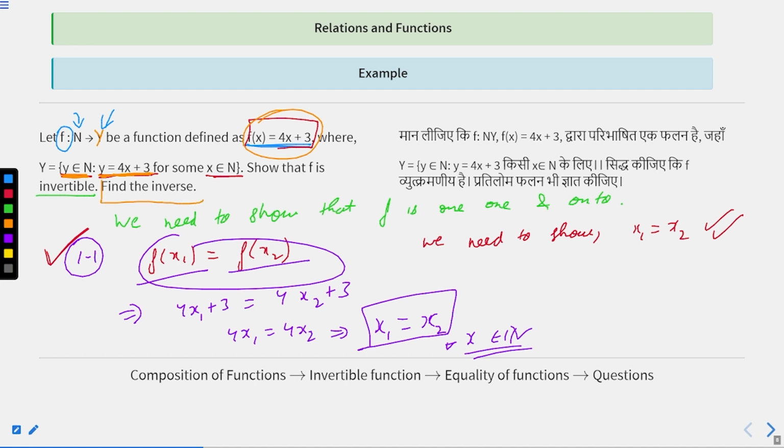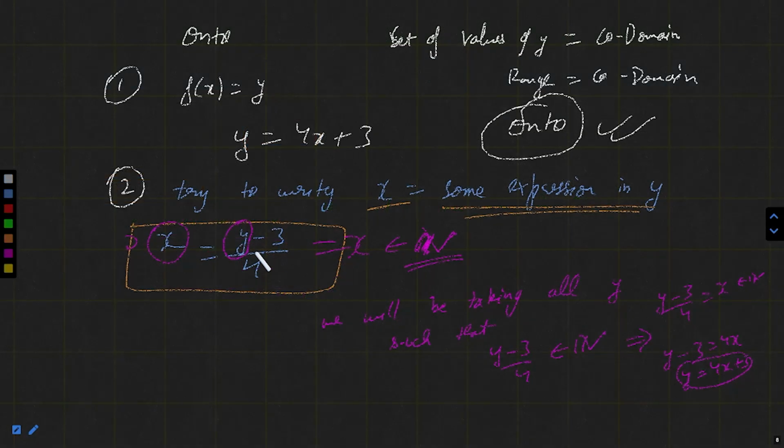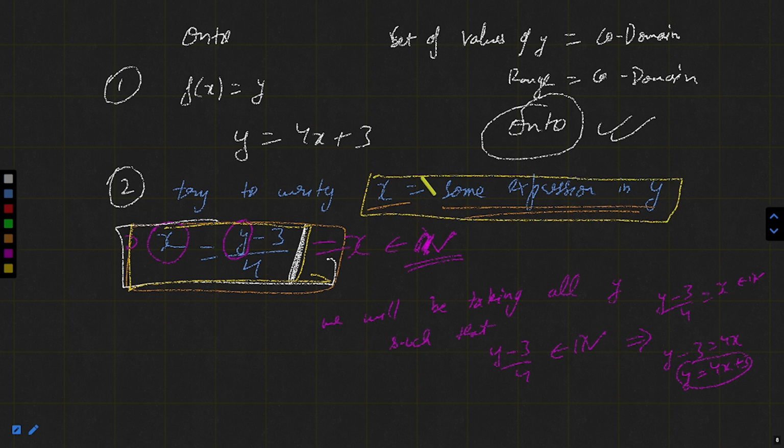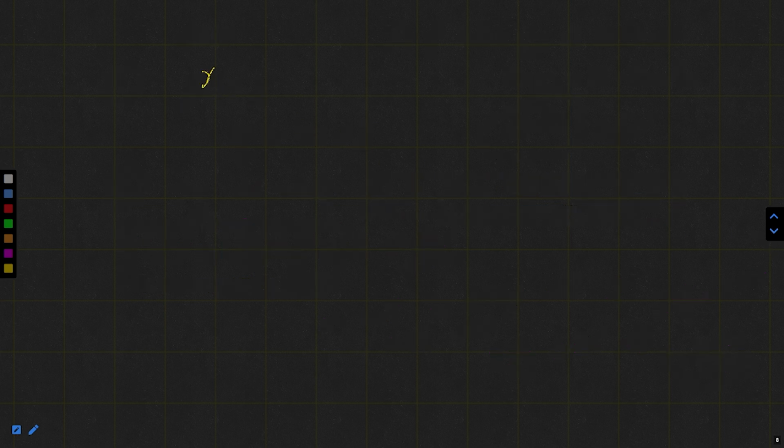Now we have to find the inverse of this function. So how do we find it? It is quite easy. Whatever we got here, an expression of this type, will be your f inverse. So we got x is equals to (y minus 3) by 4.